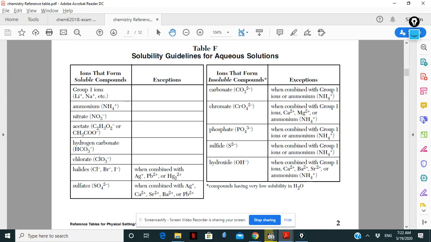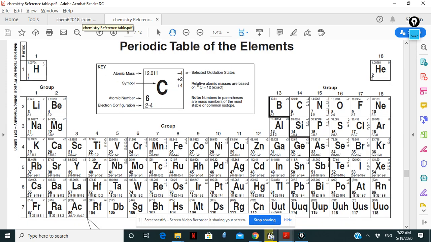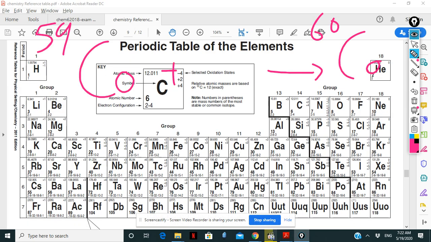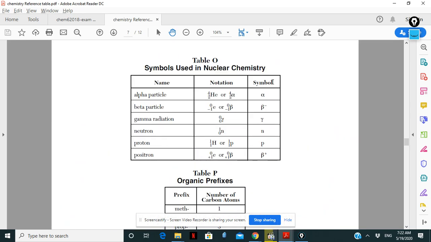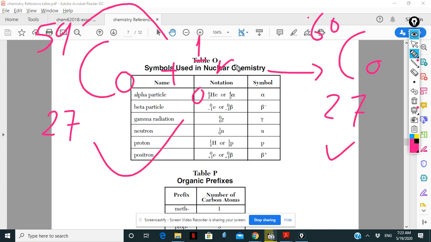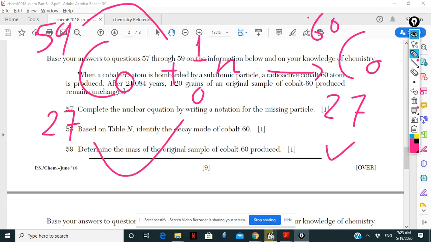I don't have the reference sheet, but I'm going to figure it out. Cobalt is 27, so that should be 27 and 27. What plus 27 gives me 27? That's 0. What plus 59 gives me 60? That's 1. Going to the reference sheet, 0, 1 is a neutron. So whatever is missing in the equation, you're going to find it in the reference table.